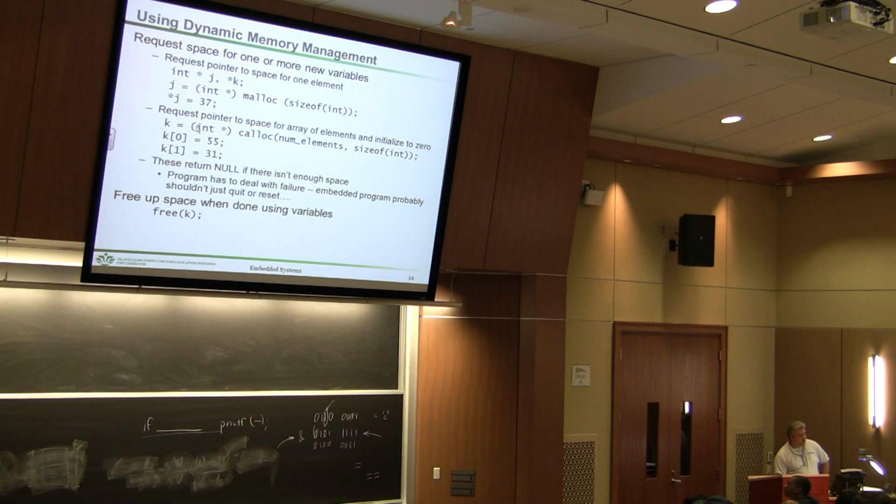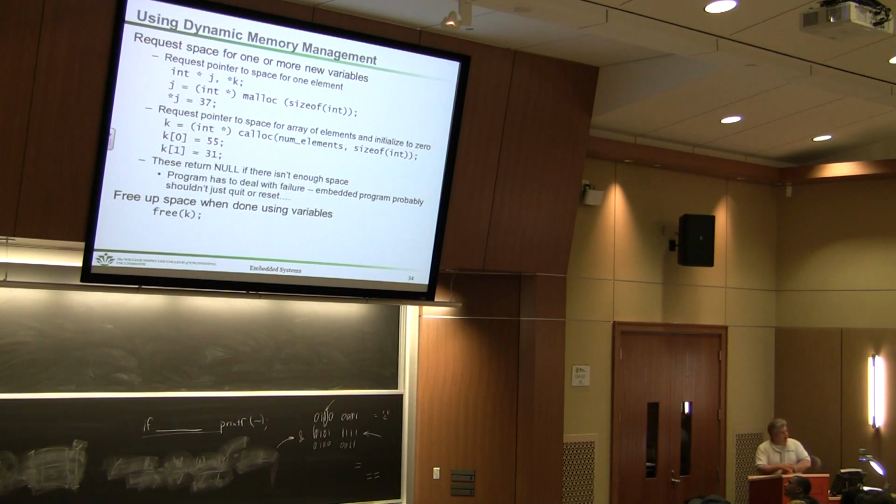Keep in mind that calloc and malloc return a pointer. So it returns an address where this specific space will be used by you. And if there isn't enough space, then it'll come back and it'll tell you so.